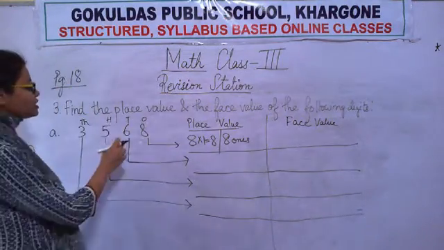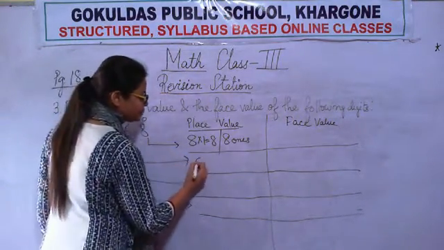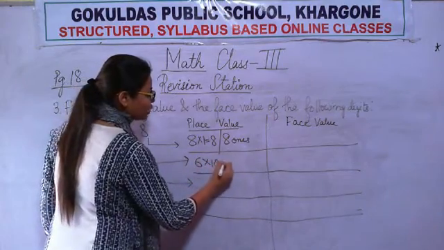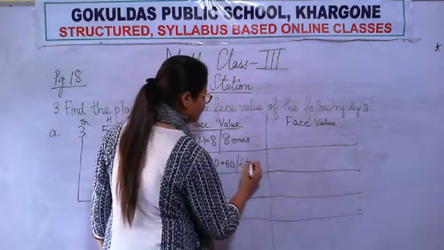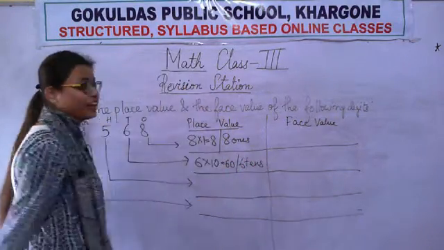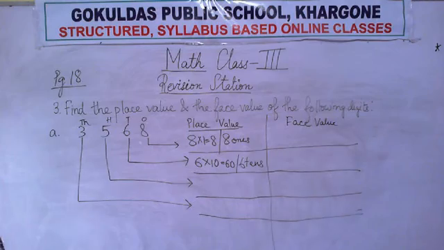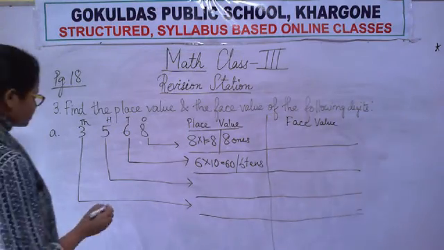Now, next, what is the place of 6? 6 into 10. Why into 10? Because it is sitting below tens place, or you can easily write 6 tens. Whatever you feel is comfortable for you, you write that only.